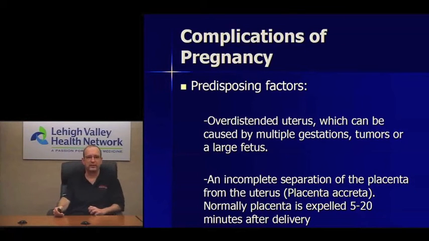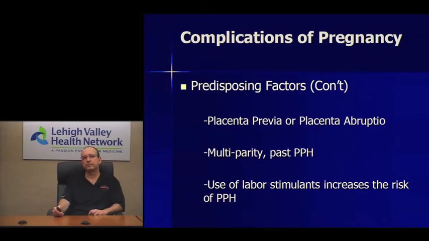If they're saying it's a 9 or 10 pound kid or something like that, you might want to think along the lines, well, there's a possibility we could end up with a postpartum hemorrhage. An incomplete separation of the placenta to free it from the uterus. So normally the placenta is expelled within 5 to 20 minutes after delivery. But if not all the placenta comes out, it will continue to bleed, or often that will be the case.